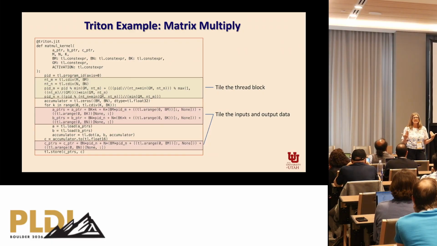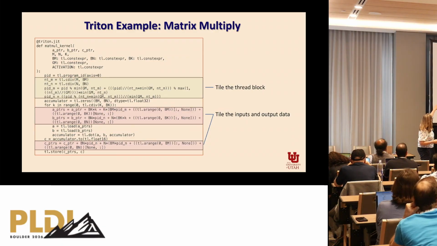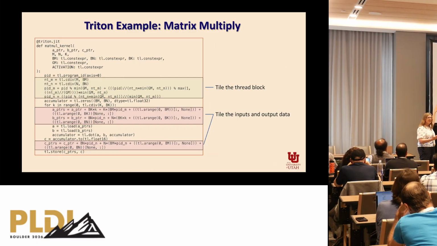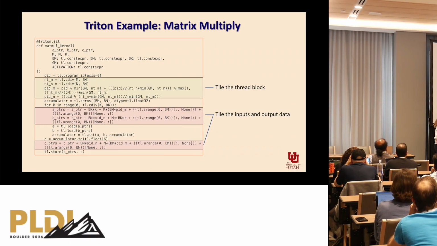So you're describing the thread tile for a thread block, and it's actually a pretty complicated formula here because they're trying to do something, I believe, to eliminate bank conflicts, so they have this complicated formula. And then we're also tiling the inputs and the output, and we're connecting them to the thread layout. And the color coding is green is computation layout, and pink is data layout.